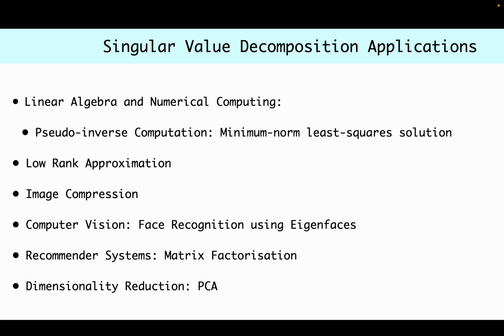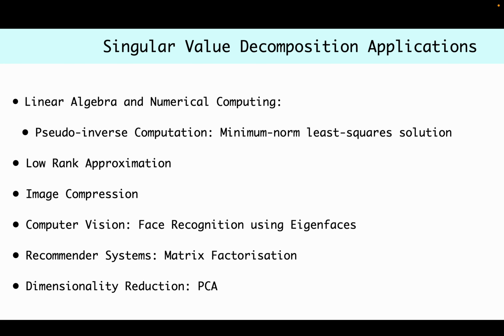So these are some of the applications of singular value decomposition. There are many other applications which I have not listed, but the important ones which are mainly used in the domain of engineering are what I have listed here. In linear algebra, we use SVD for computing the inverse of any matrix.